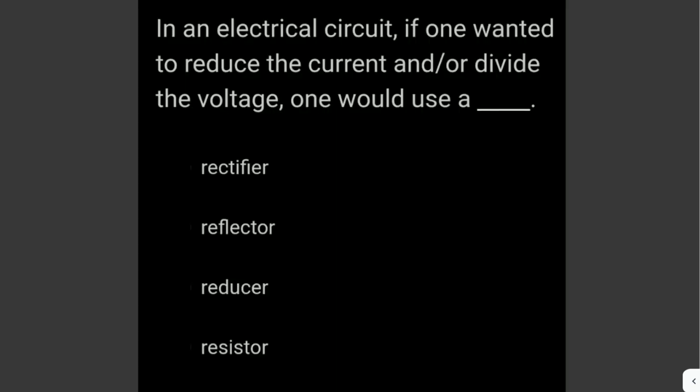In an electrical circuit, if one wanted to reduce the current and or divide voltage, one would use a rectifier, reflector, reducer, resistor. The answer here is resistor. So the addition of a resistor influences the voltage and the current according to Ohm's law, which has the formula voltage equals current times resistance.